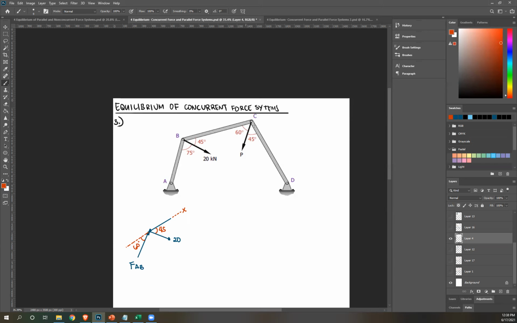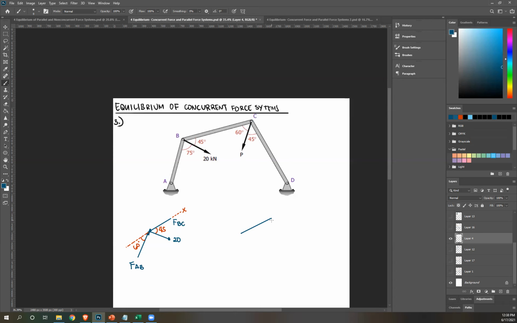Next, do the free body diagram for joint C. So joint C, again, we have force in this member. I assumed it was compression here, so you should carry that assumption. Make sure your assumptions are consistent.